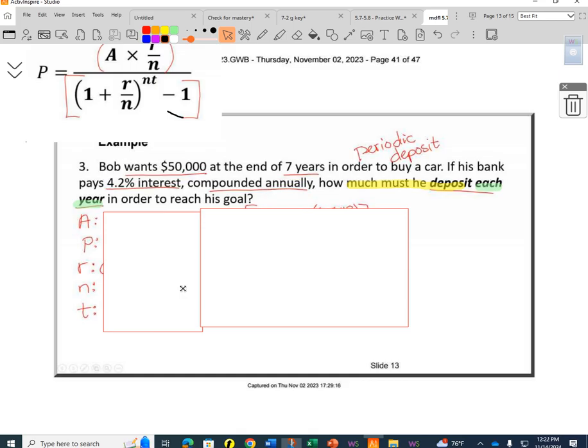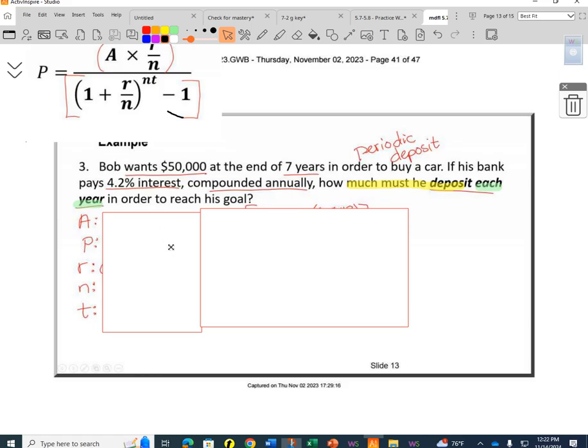If you get one keystroke wrong, in the notes today and in your homework, you're going to be able to confirm you have the right answer, right? But on your test, you're not going to be able to do that. So make sure on your test you're identifying your variables, you're showing me how you plug it into the formula.